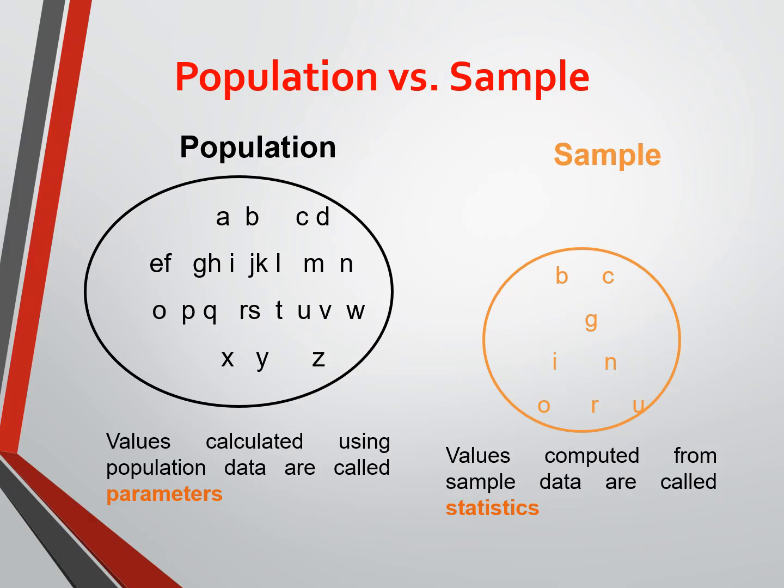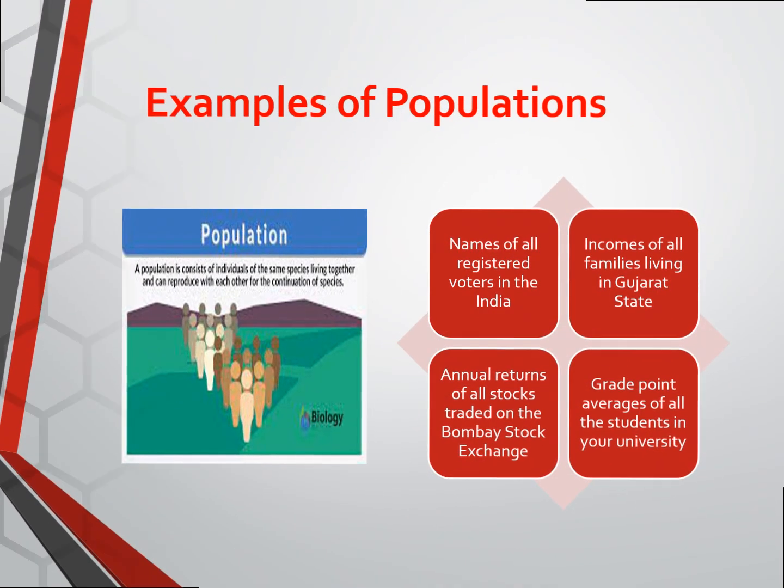So here we can say examples of the population: names of registered voters in India, income of all families in the state of Gujarat. We are taking the total population.